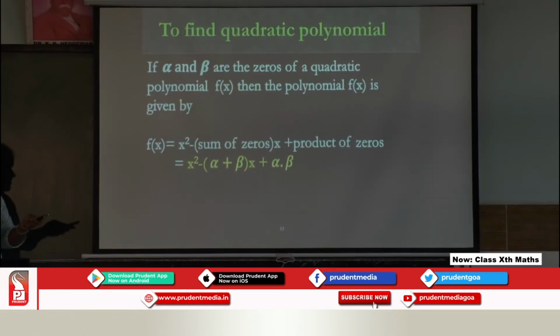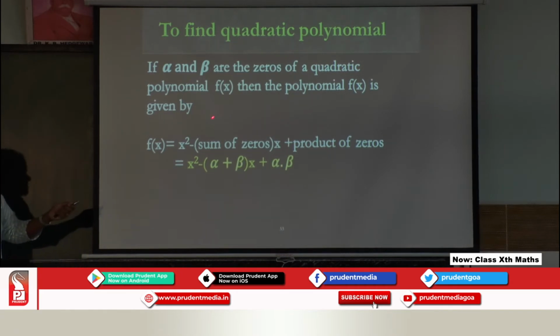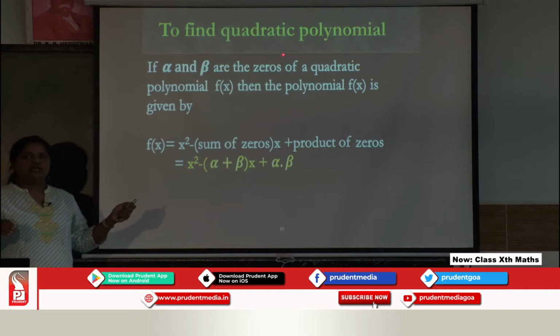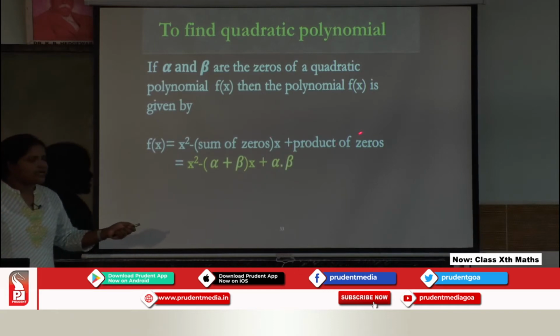It is given here, if alpha and beta are the zeros of quadratic polynomial f of x, then the polynomial f of x is given by, means what, alpha and beta is already given, 2 zeros are already given. How to frame the quadratic polynomial? It is x square minus sum of zeros into x plus product of zeros.